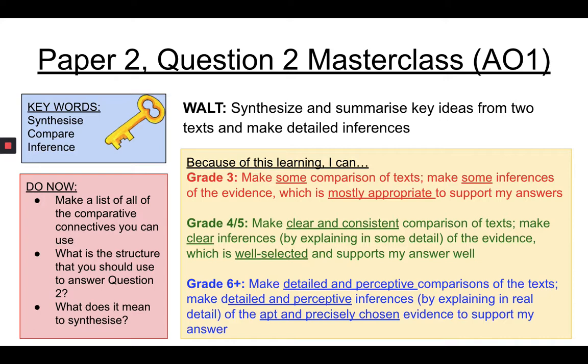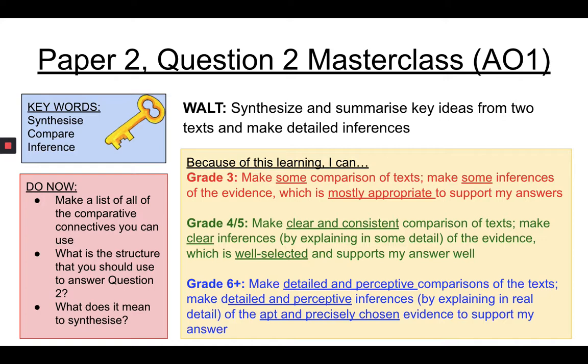You also need really well selected evidence too, so really thinking about the best evidence that you can give to support your ideas. Many of you may be aiming for a grade 6, 7, maybe an 8, and for that you need to make really detailed and perceptive comparisons and really detailed and perceptive inferences as well.